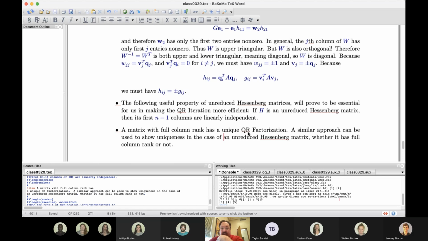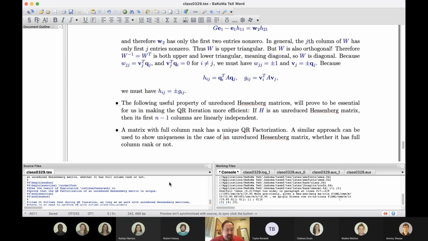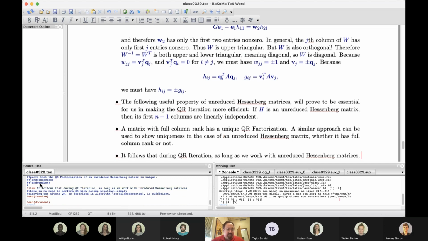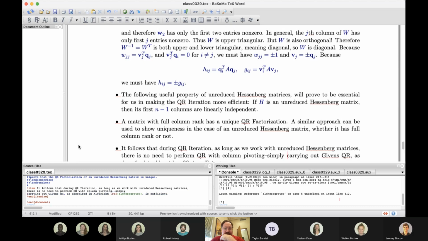It turns out that if H is an unreduced Hessenberg matrix, its QR factorization is also unique, even if it doesn't have full column rank. So that's going to turn out to be important to us because it's important to know that no matter how we go about computing a QR factorization of H, the result will be the same.